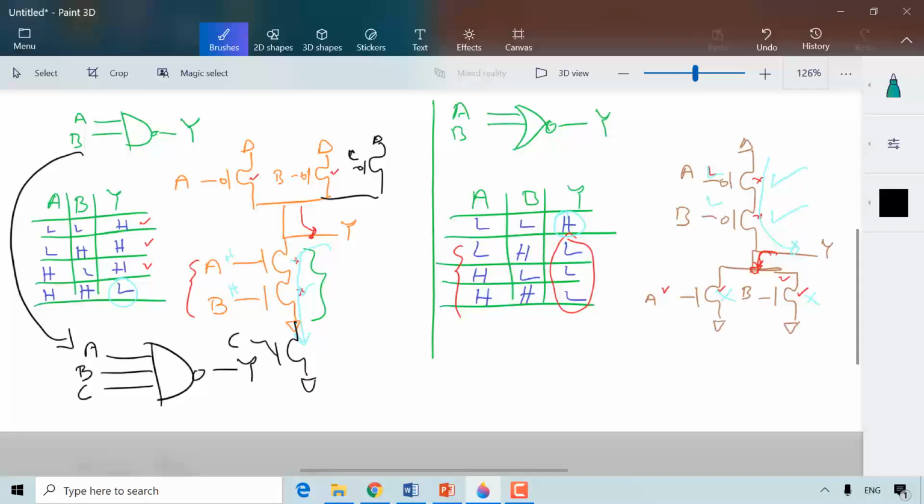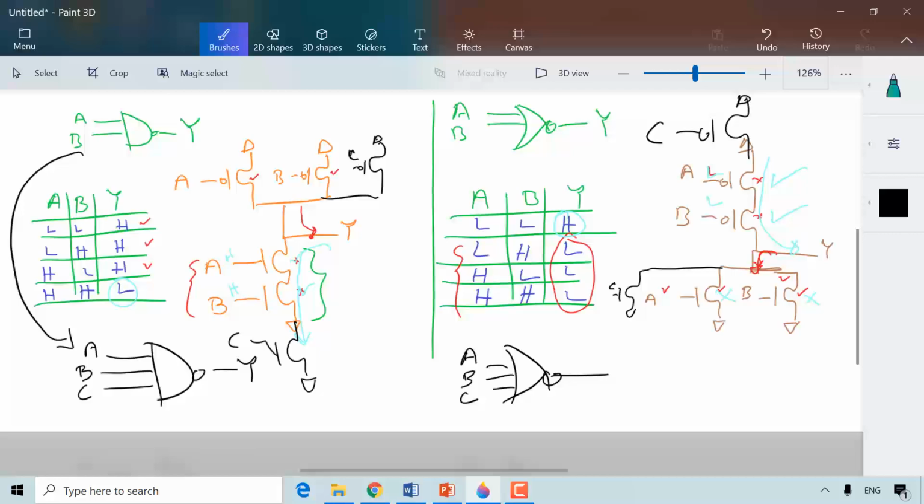Similarly, what happens if I have a three-input NOR gate, A, B, C? I can use the same drawing. I can add the C here as a PMOS and then connect it to the power. So this is C, and I can have one more NMOS transistor here, and I connect this to C. Here we have a three-input NOR gate. You can extrapolate on this to other inputs, 4 inputs, 5 inputs, 6 inputs of NAND and NOR gates.